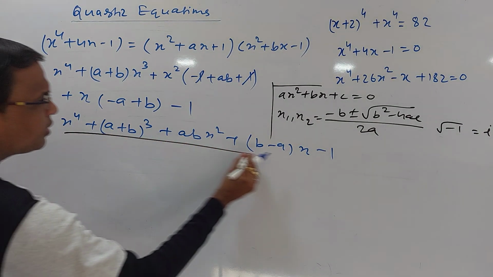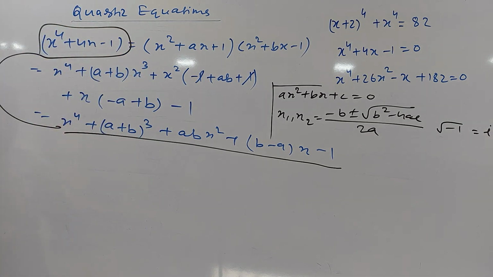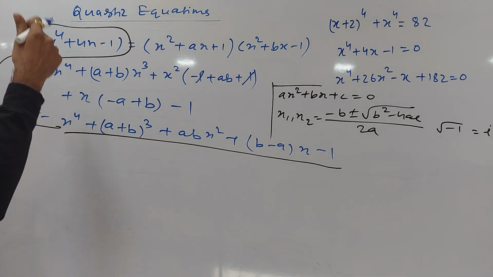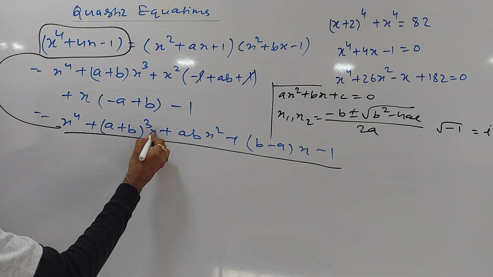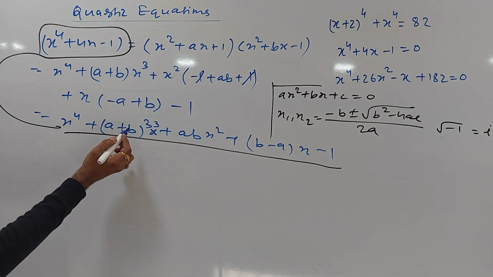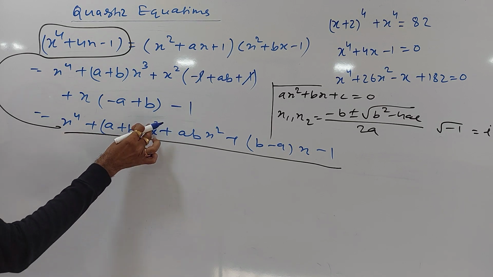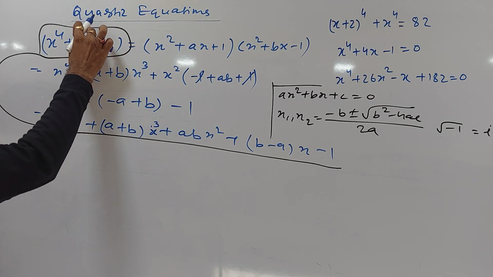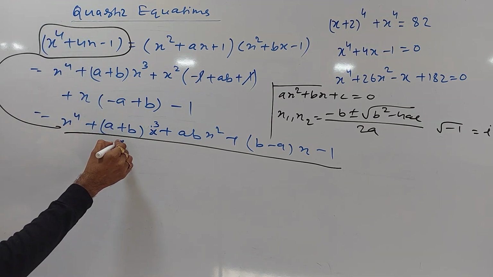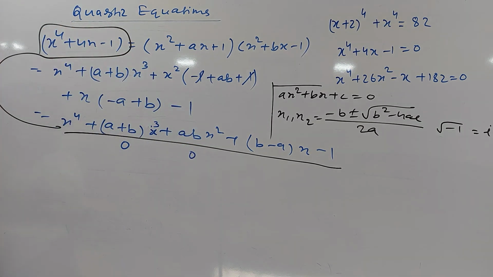Now compare this with this, because this is our original. Apple to apple comparison will give me coefficient of x power 4 as 1. Now this is x cube. Fine. Now what we can do here simply is, there is no x cube term here, so that means that coefficient is equal to 0. Again there is no x square term, so that coefficient is again 0.